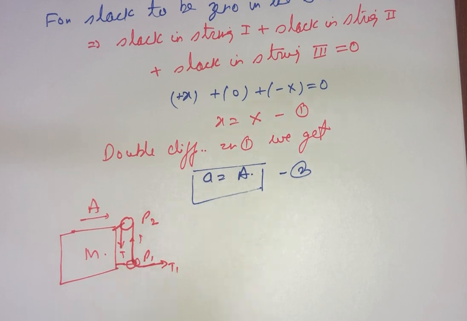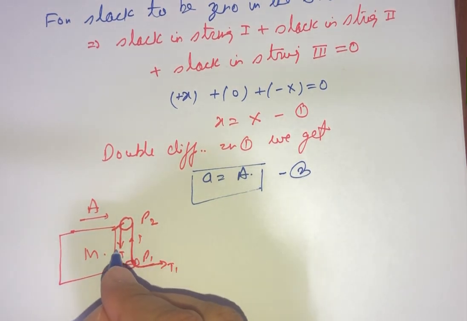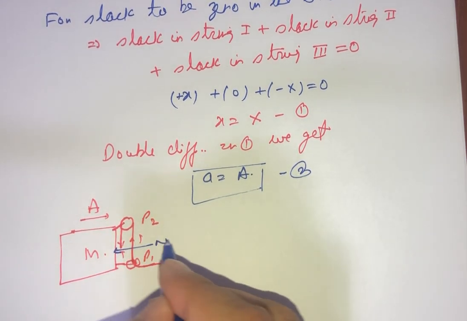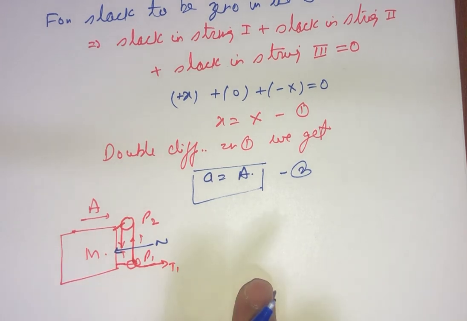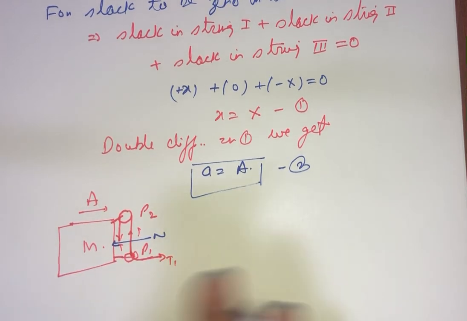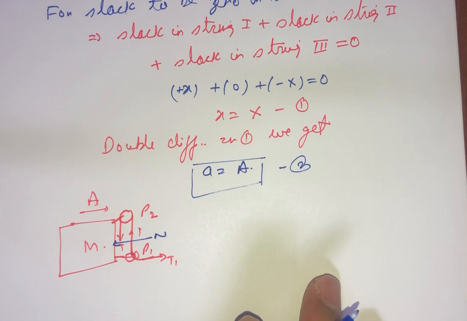Okay, and because of this mass small m, there will be normal in this direction. So we write the equations as the motion is only in the horizontal direction, so we only consider the equation for the only horizontal direction.